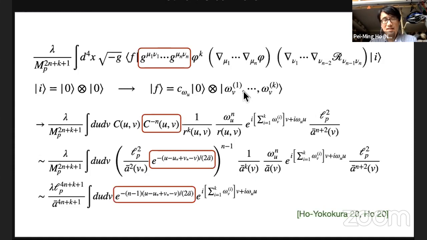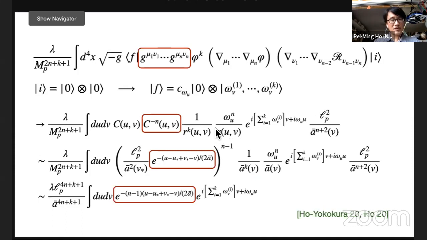So you don't get this amplitude for a static Schwarzschild solution. But if you have a dynamical background, then in general, you will get such a factor. Now there will be some suppressions.